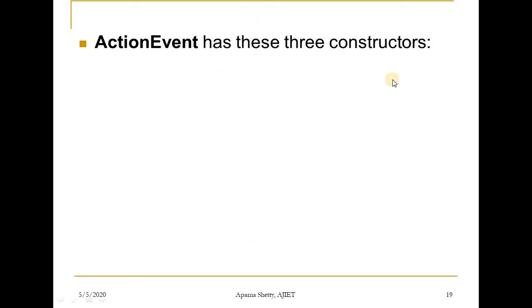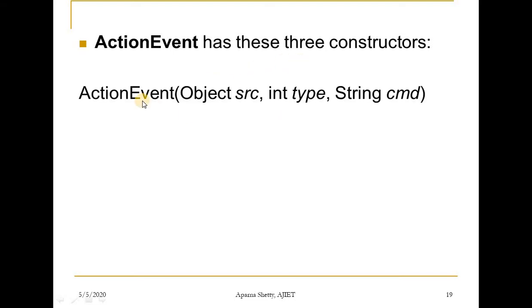So next we will see the constructors of ActionEvent. ActionEvent has 3 constructors. First constructor: ActionEvent(Object source, int type, String command). So it takes 3 parameters, that is the source object, type and the command, which is of type String.